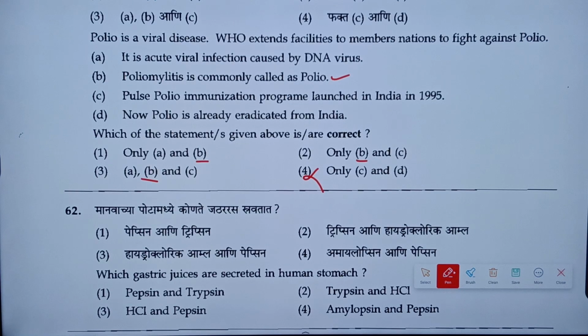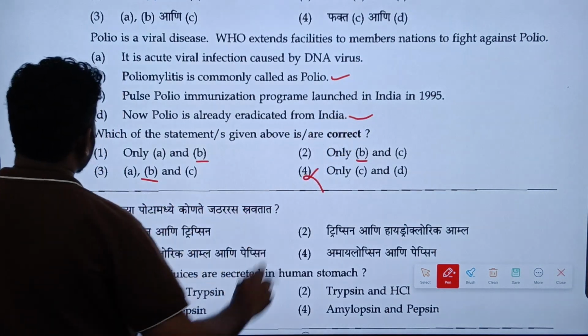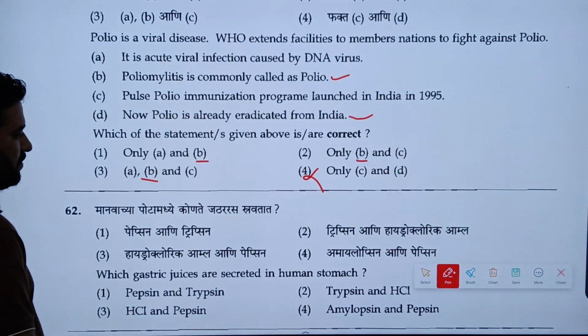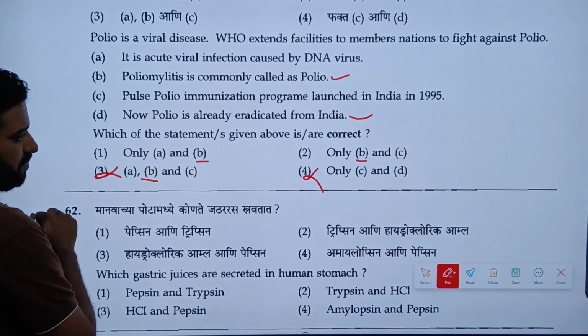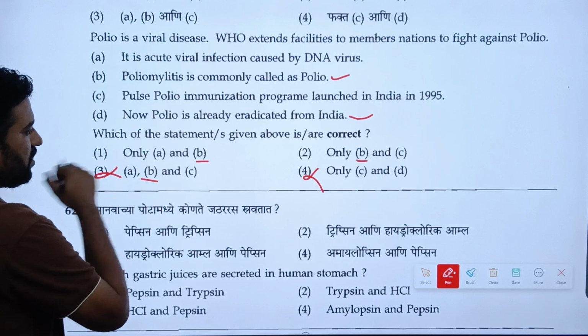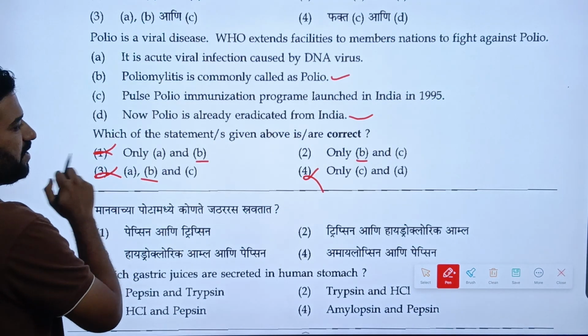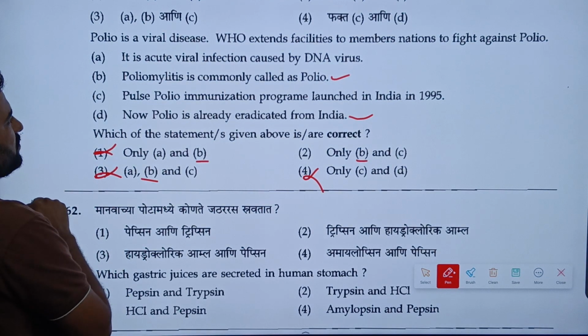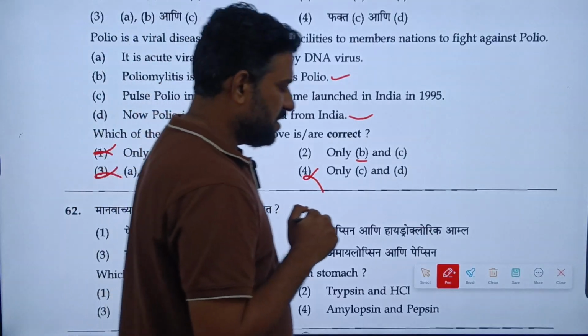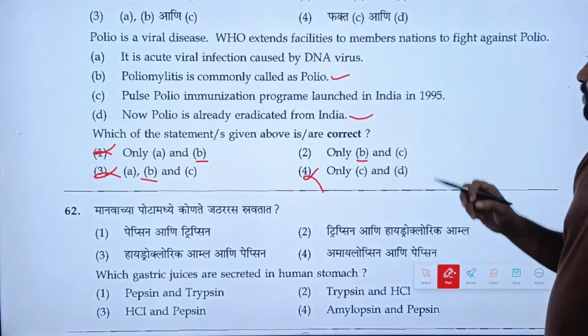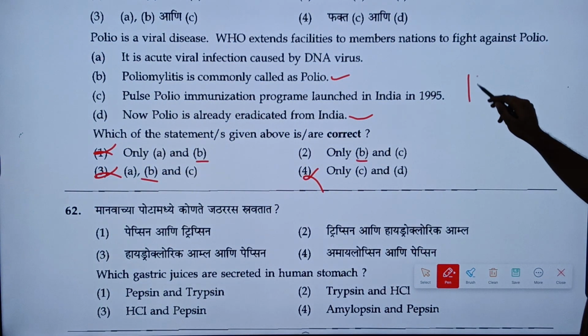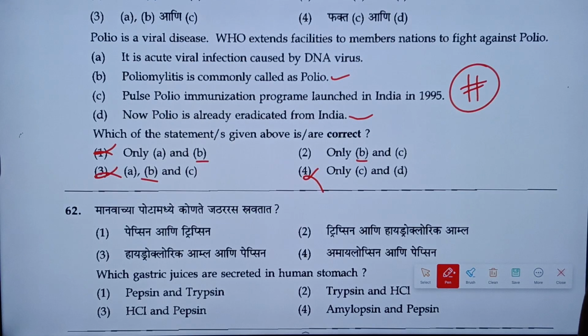Pulse polio immunization program launched in India in 1995. Now polio is already eradicated from India. D also correct. No D here. Again, no D here. So there is no option. This question is also cancelled.